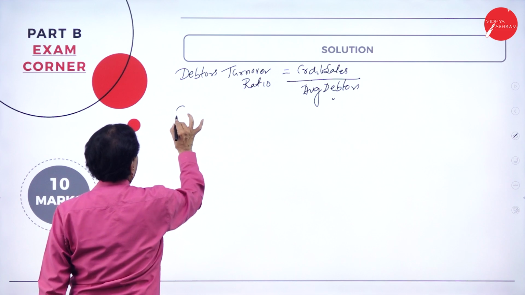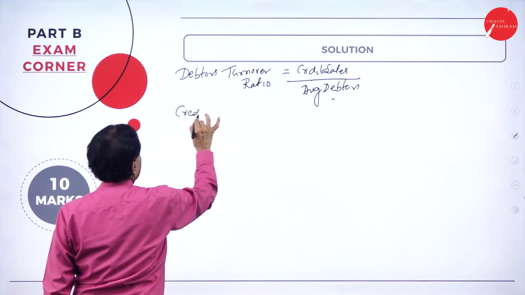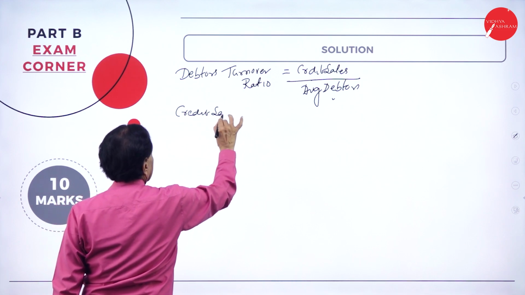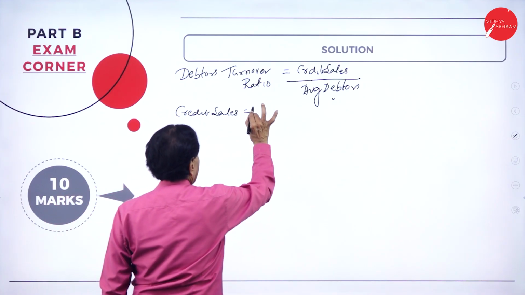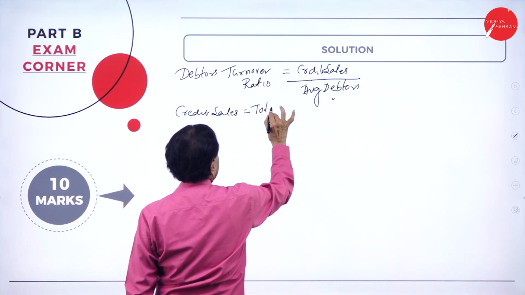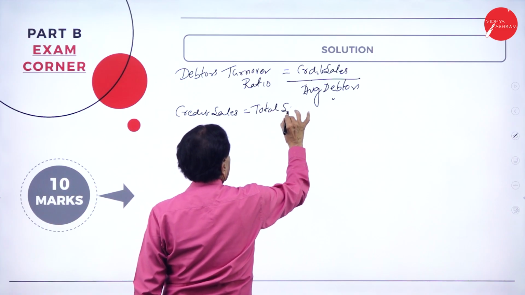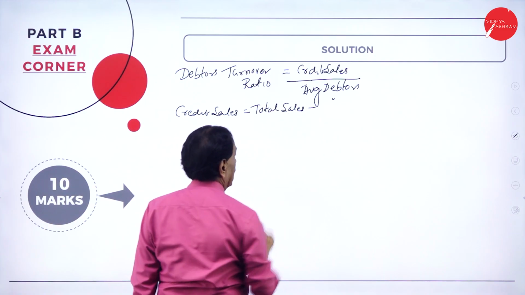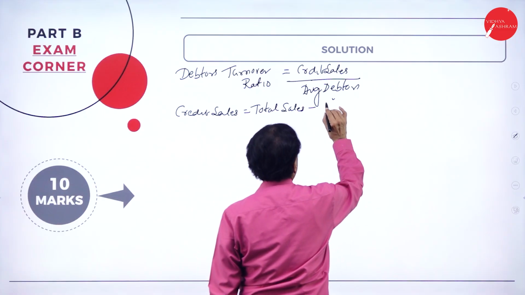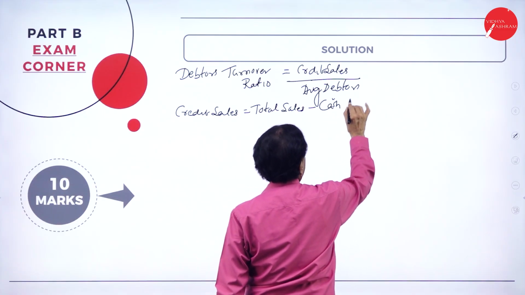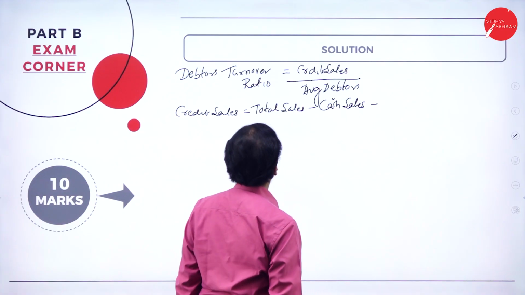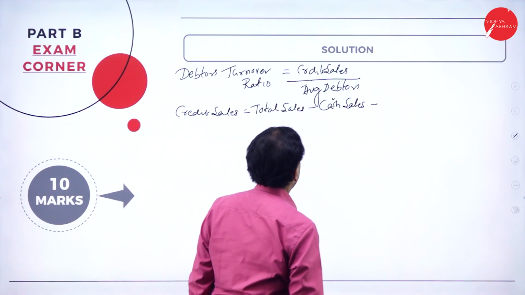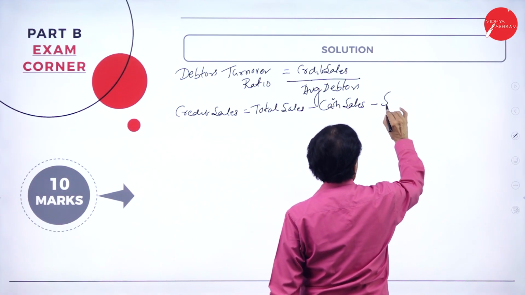Credit sale is equal to total sales minus cash sales minus sales return.